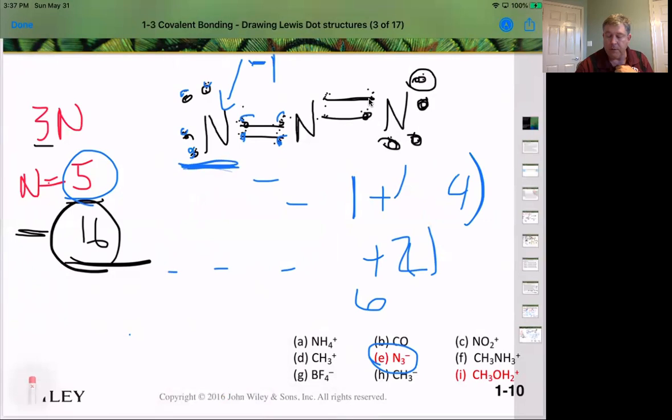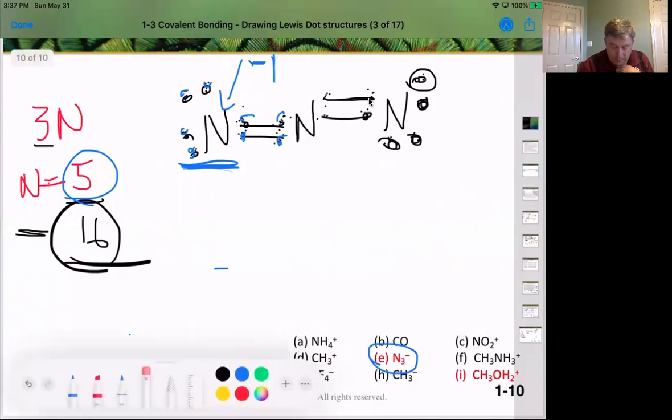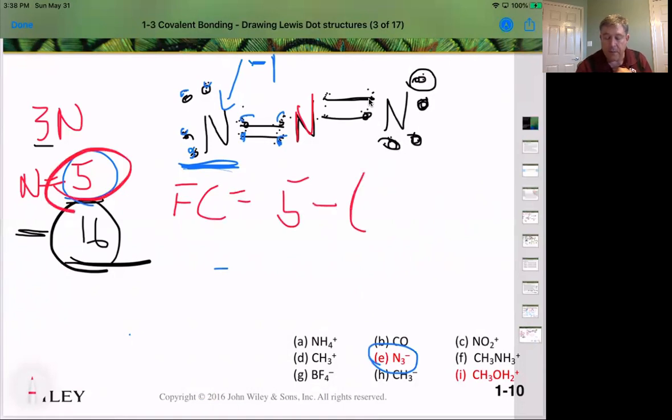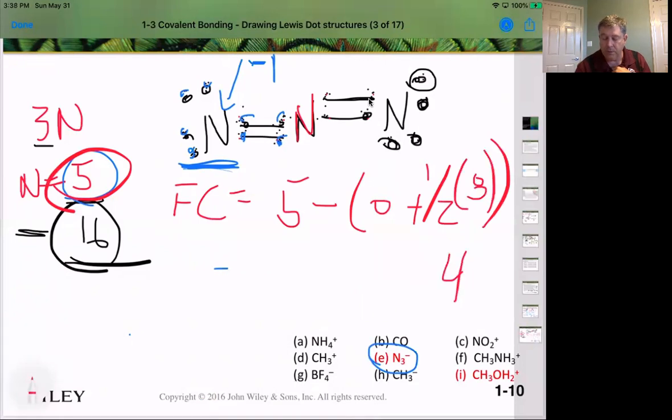I'm going to do it in another color to make sure we don't mess up our electrons that we're counting. If we do the formal charge on this nitrogen here, formal charge is equal to 5, because we had 5 electrons, minus non-bonded, there are 0 lone pairs here, plus 1/2 of the bonded, 1, 2, 3, 4, 5, 6, 7, 8, 1/2 of 8 electrons gives us 4.